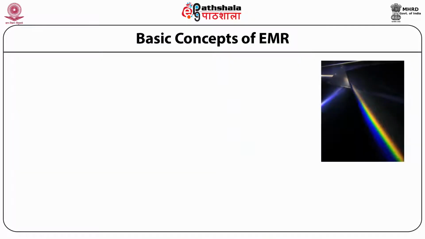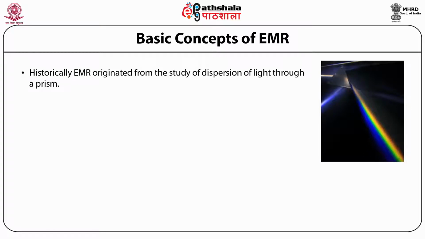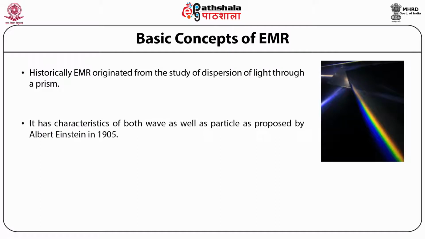Basic concepts of electromagnetic radiation. Historically, EMR originated from the study of dispersion of light through a prism. It has characteristics of both waves as well as particles, as proposed by Albert Einstein in 1905.